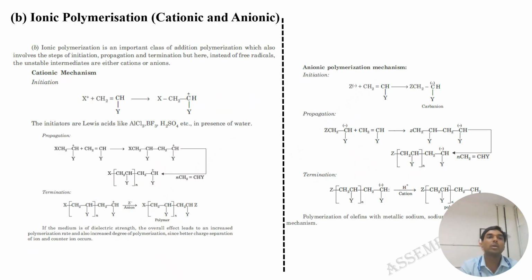Whereas in ionic polymerization, basically cationic and anionic. For cationic, you need a Lewis acid, for example hydrochloric acid, boron trifluoride, arsenic pentafluoride, aluminum fluoride, or sulfuric acid.